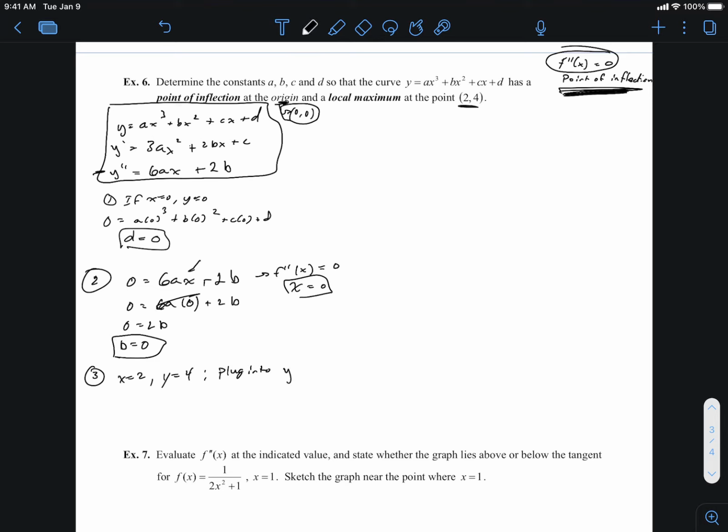Okay, so let's take the original equation, y equals ax cubed plus bx squared plus cx plus d, replace it with x is 2 and y is 4. Okay, well, 4 is going to equal a times 2 cubed plus b times 2 squared plus c times 2 plus d.